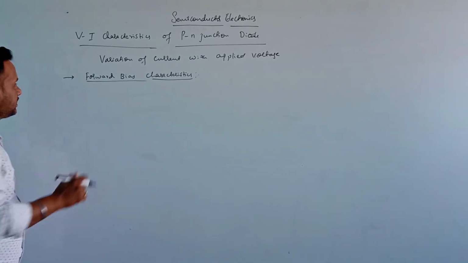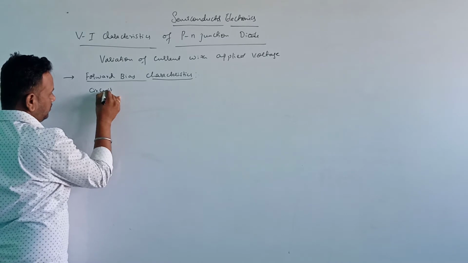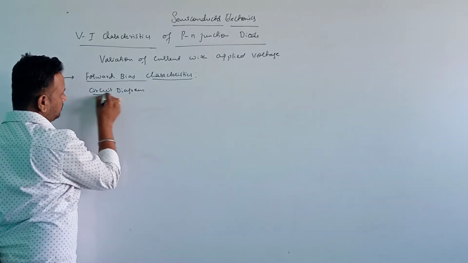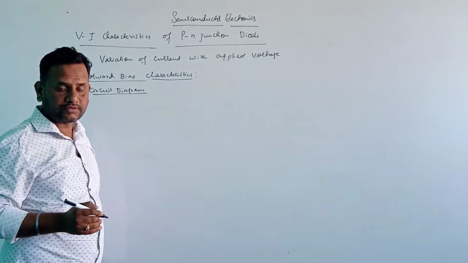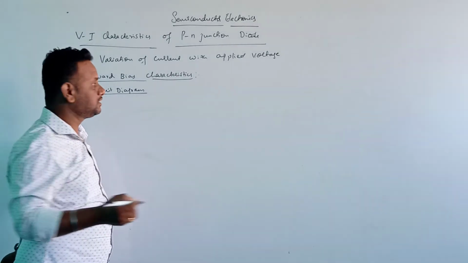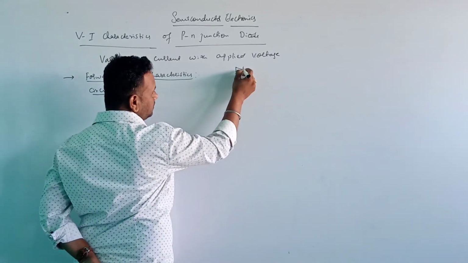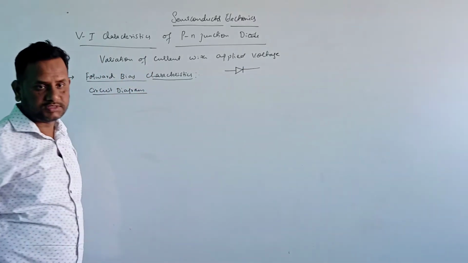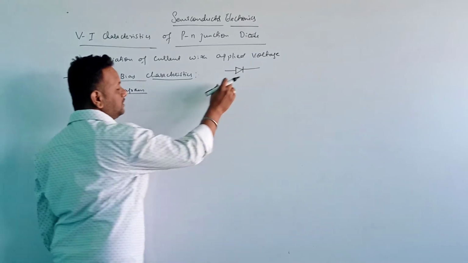The circuit symbol is how we represent a diode symbolically, the symbolic representation of a PN junction diode.